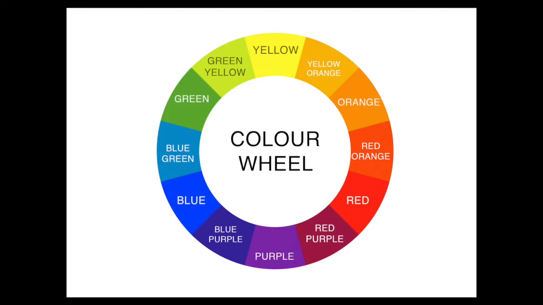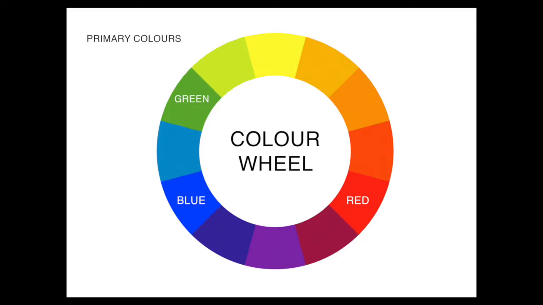Now, what we just discussed here was what I would call a traditional color wheel. But in this day and age, especially now when so many things are digital, I want to talk about the Photoshop color wheel, which is just a little different. The primary colors in this case are red, green, and blue, or more commonly referred to as RGB.